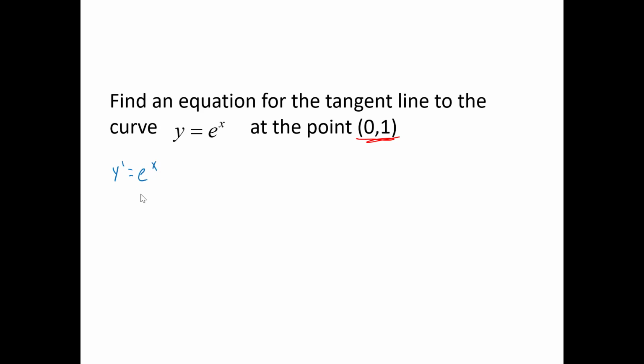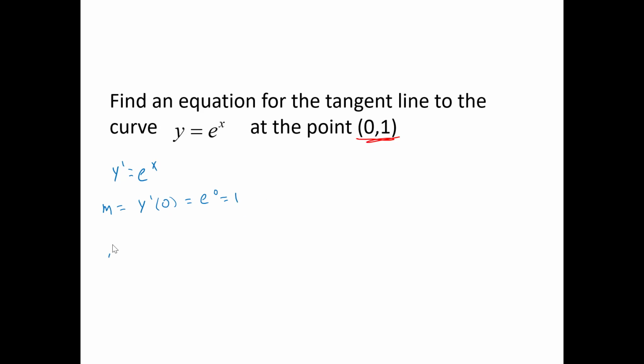This is a formula where you put in the x coordinate of the point, and what comes out is the slope of the tangent line at that point. So the slope for our problem is to take y prime and evaluate it at our x coordinate, 0. That will be e to the 0, which is 1. So now we have our slope is 1 and our point is (0, 1).